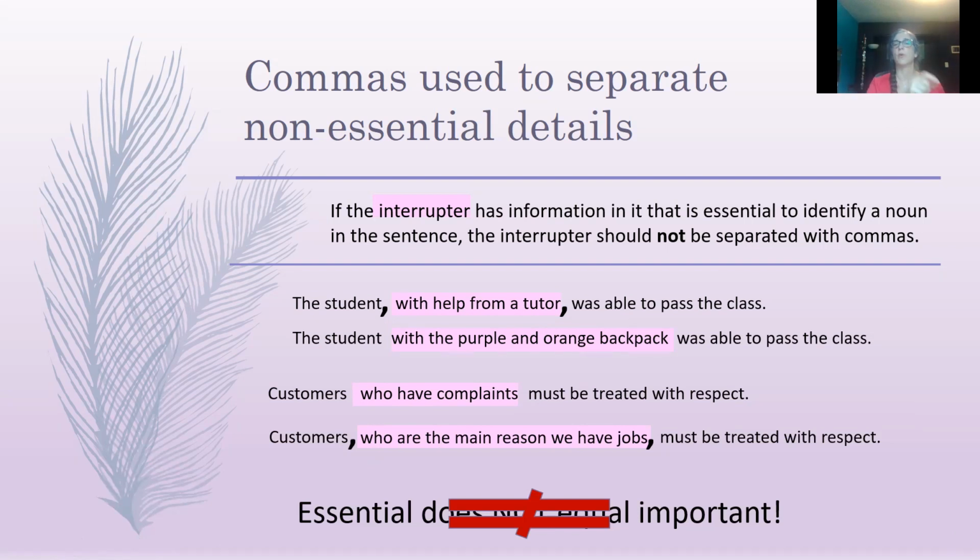And if so, let's put it back and get rid of the commas because we don't want handles. We don't want to be able to lift something out that contains essential information. I have just found the little commas as handles to be very helpful when I'm having to make a decision. Should I enclose this interrupter in commas? Should I separate it from the rest of my sentence or not? So the little handle metaphor works very well for me, and I hope that others will find it helpful.